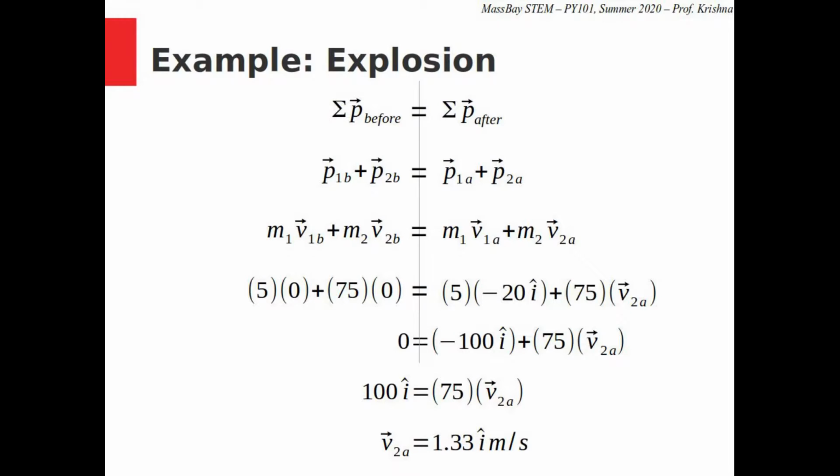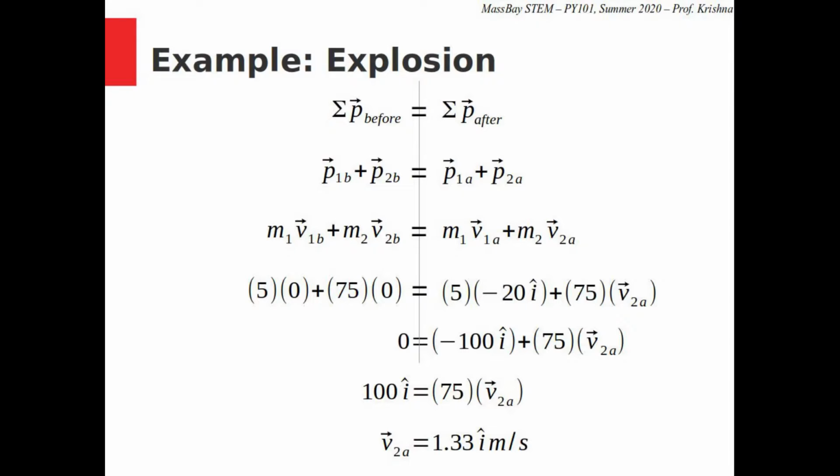Set up the law of conservation of momentum as before and then expand. In this case, we will treat P1 to be the momentum of the ball and P2 to be the momentum of you throwing it. We then break it down in the same way as before. m1v1 before plus m2v2 before equals m1v1 after plus m2v2 after.